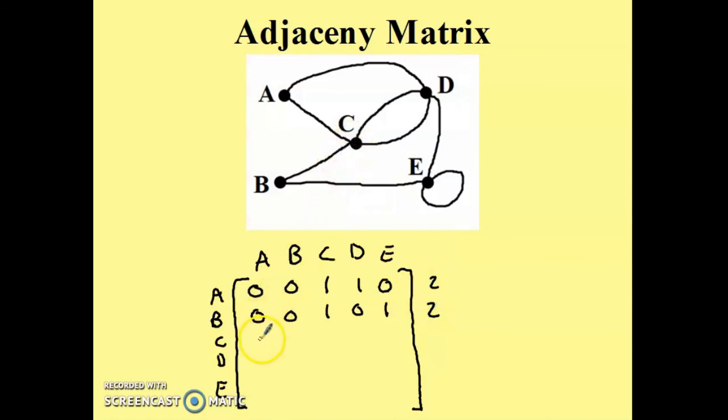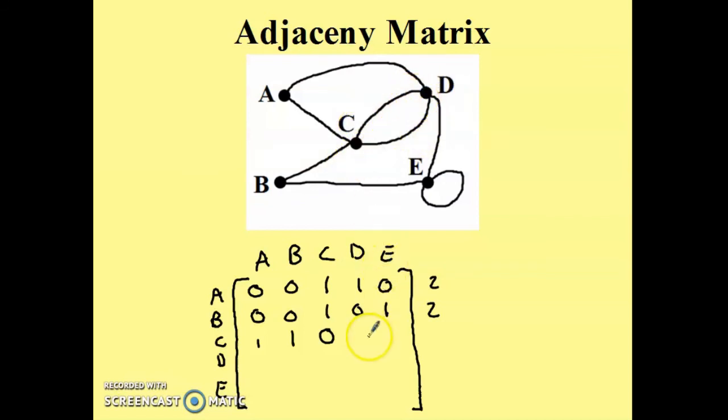C connects to A, C connects to B, C does not connect to itself. We can see that C to D is a multi-edge.